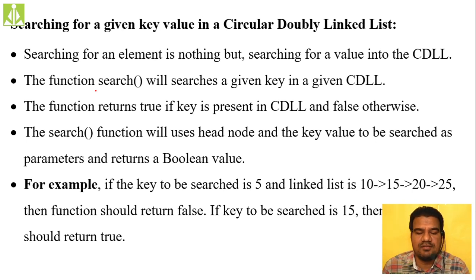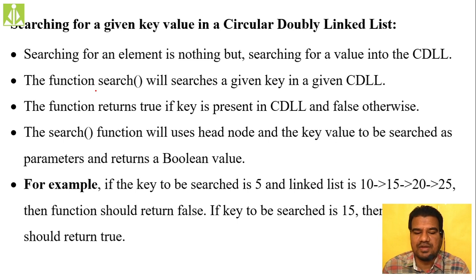Whatever CDLL and key value we pass, it will search for that key value inside the circular doubly linked list. If the search is successful, that means the key value is found, the function will return true. If the key value is not found, it returns false. So basically it returns a boolean value.